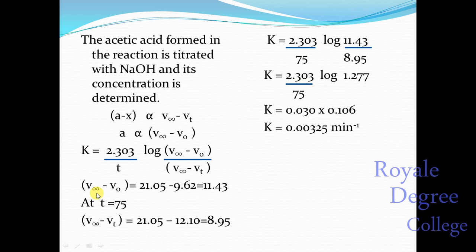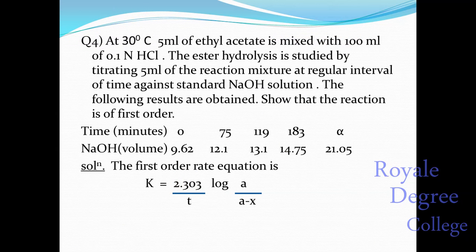Volume at infinity is given as 21.05, then minus volume at 0 time, that is 9.62. See here, volume at infinity is 21.05 and volume at 0 time is 9.62.